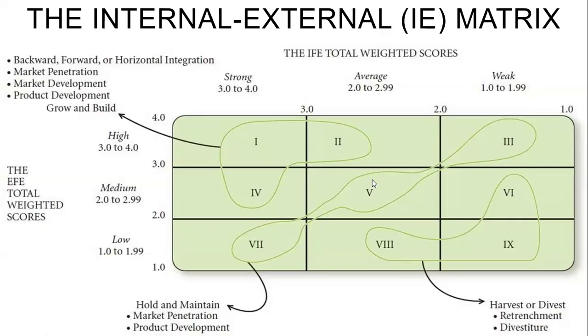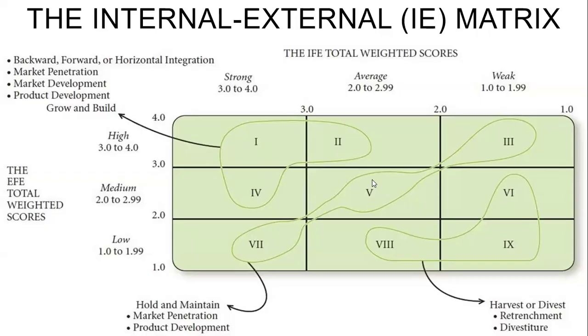And finally, when you find the plottings or the coordinates within the harvest or divest region, that means that all your indicators are weak. They are all below the threshold of not 2.5, but 2.0, which is an indication that internally you are struggling and externally you are also facing stiff threats and competition out there, and you are not able to take care of the opportunities which may even pop up.